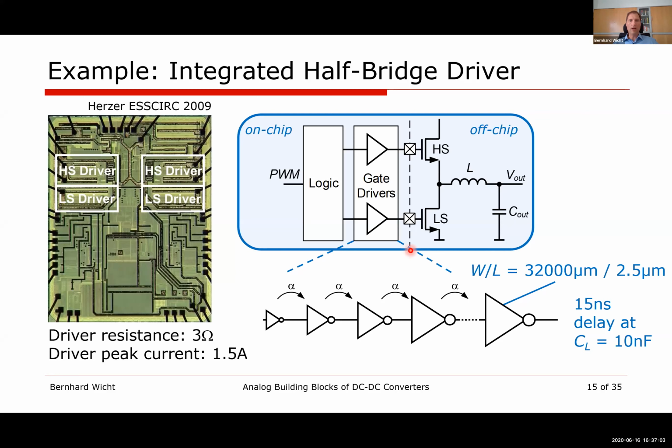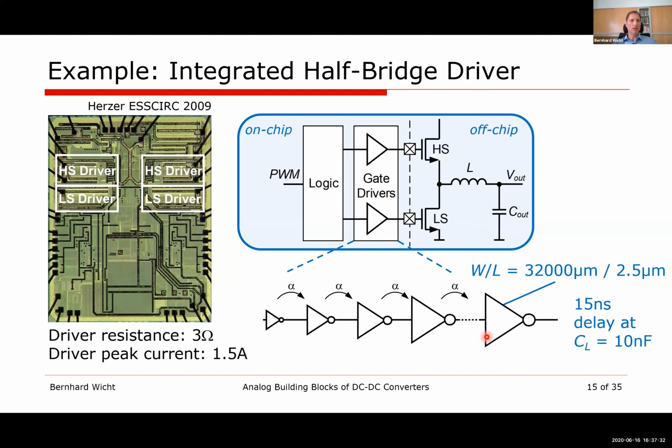Now our drivers consist of such a cascaded chain of inverters. And as the transistors are off-chip and can be quite large, in this case, they represent a gate capacitance of 10 nanofarads. We want to turn on quickly, 15 nanoseconds delay from activating to turning it on. It should be very fast. We need to have a strong driver.